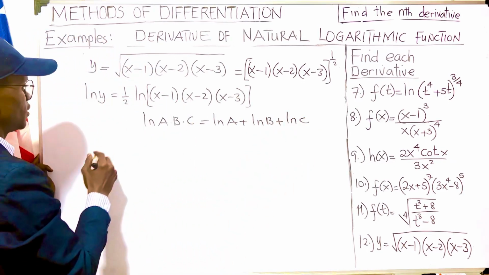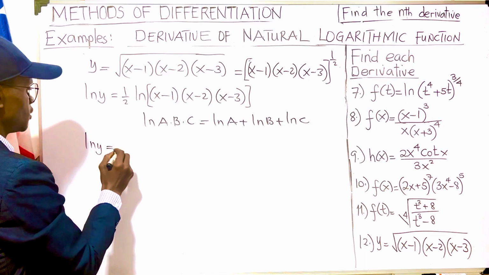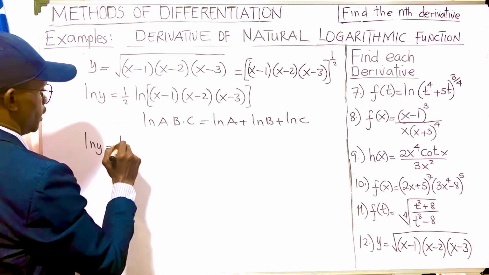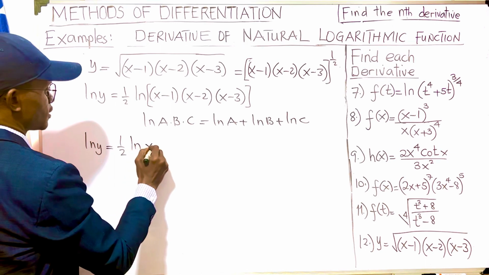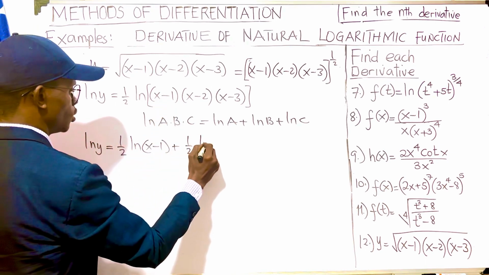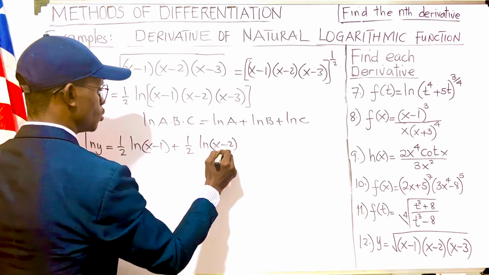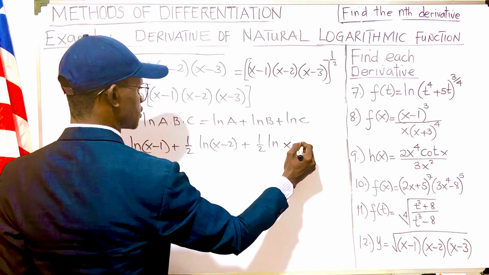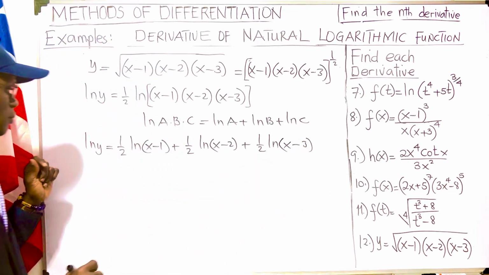So we can apply this method. So ln of y is equal to 1 over 2 ln of x minus 1, the first factor, plus 1 over 2 ln of x minus 2, plus 1 over 2 ln of x minus 3.